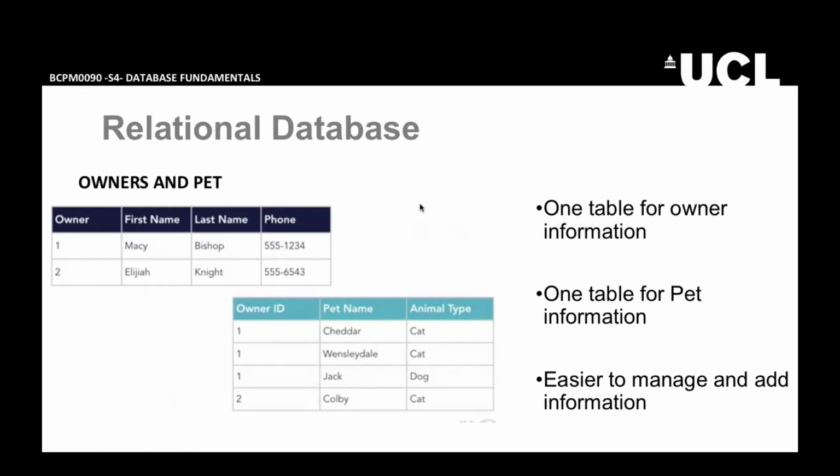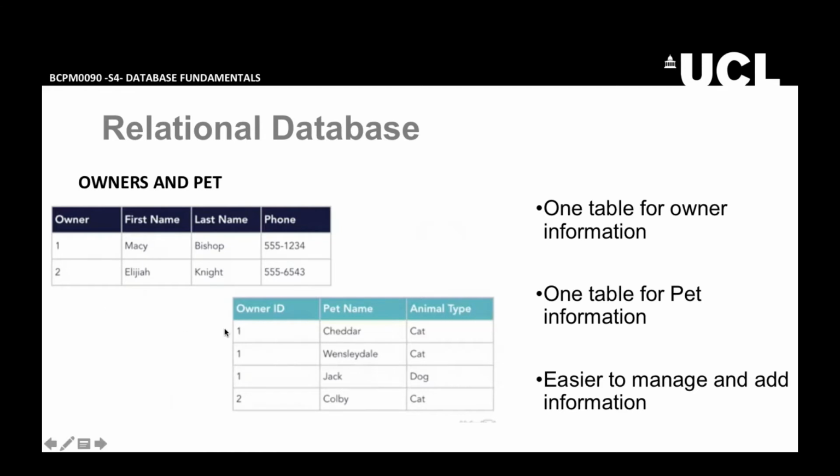So in a relational database, we will be using different tables that connect each other in some way. In that case, we will be creating one table for the owner, which includes all the owner information, and we are creating another table with the pet information. As you can see here, we are identifying the owner with a code, basically an ID for the owner.